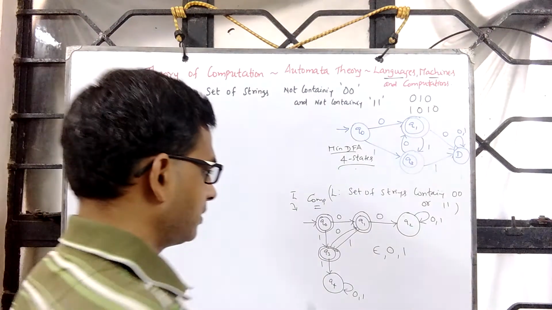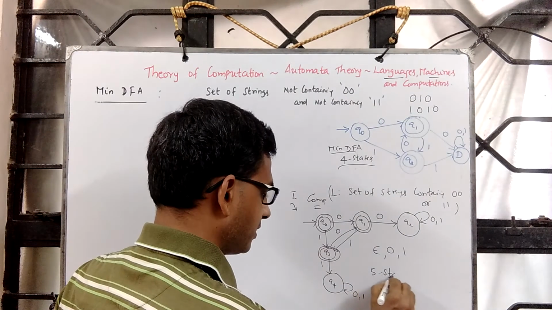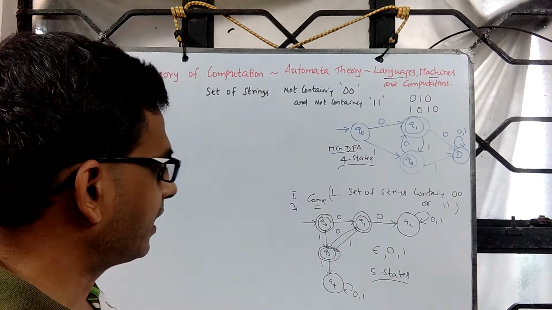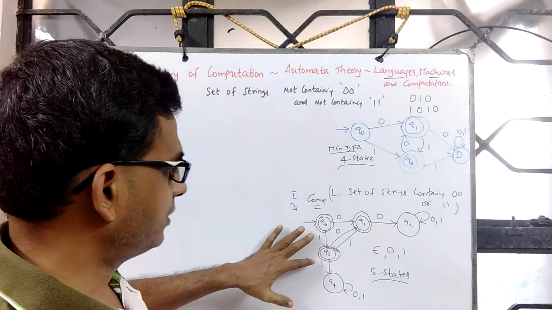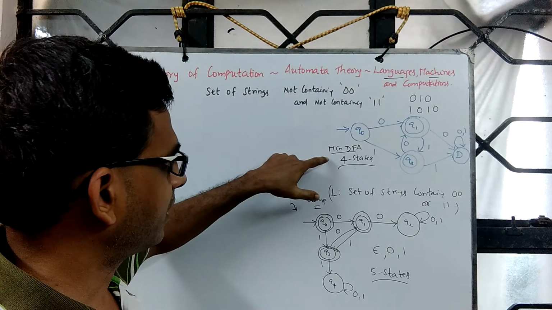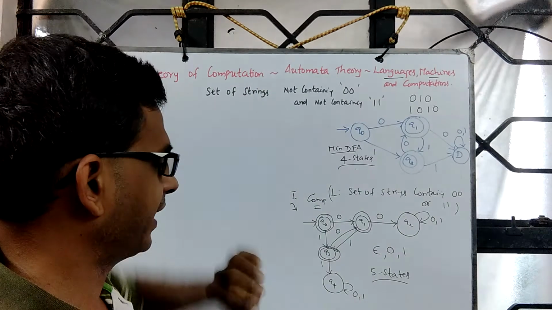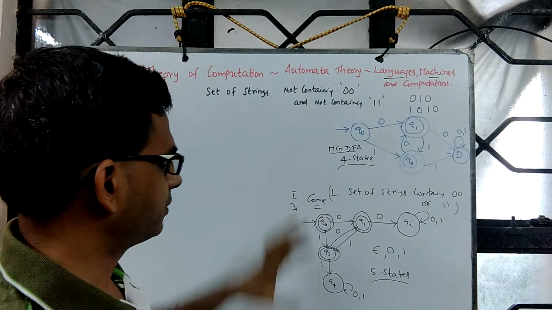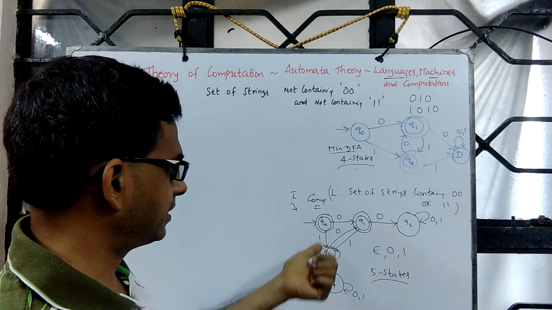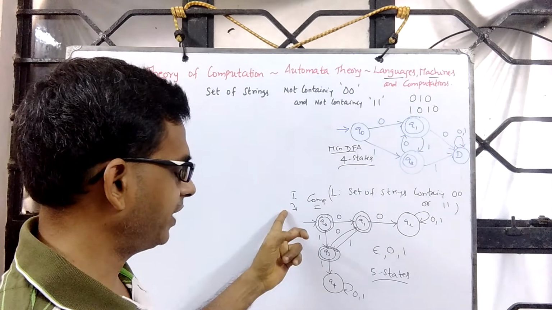So this automaton has 5 states. So we clearly see that this one will not be minimum, because we have already proved that there exists a 4-state minimum DFA for this language.